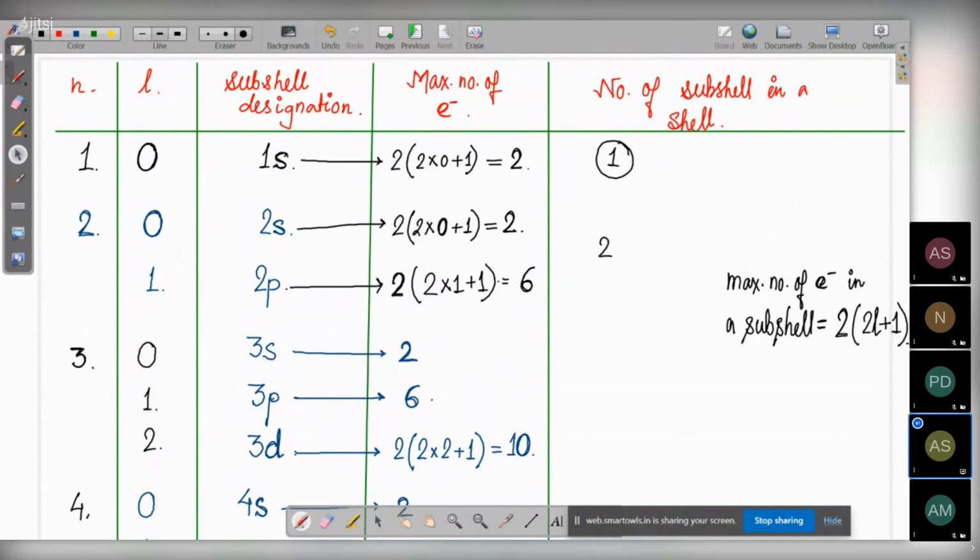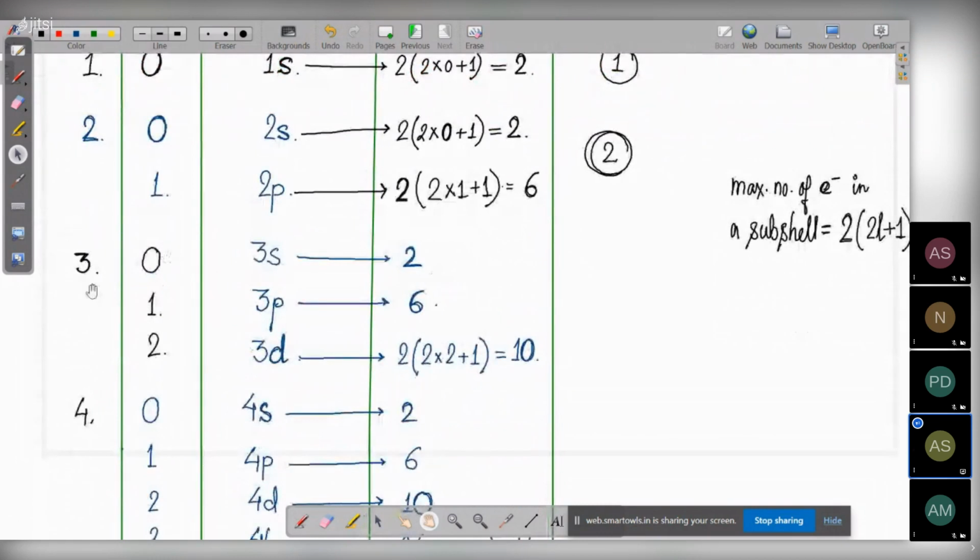So there are two subshells possible for n is equal to 2. What about n equal to 3? When the value of n is equal to 3, that is for the third shell, you have three subshells, 3s, 3p, and 3d. So there is a total of 3 subshells for the third shell.